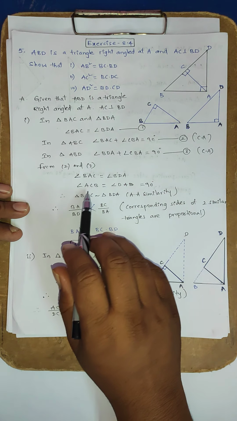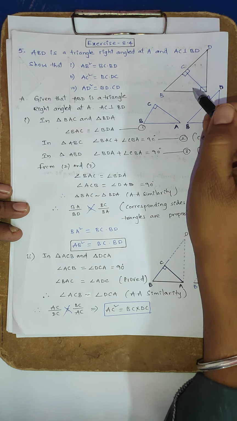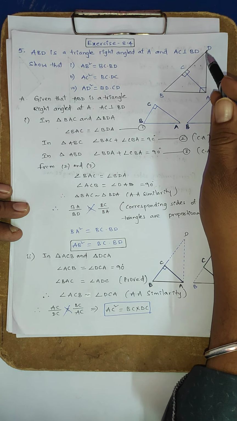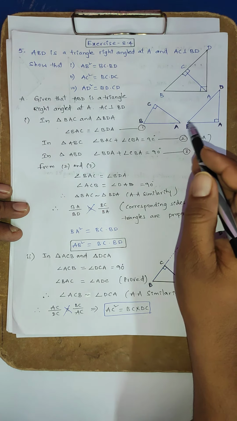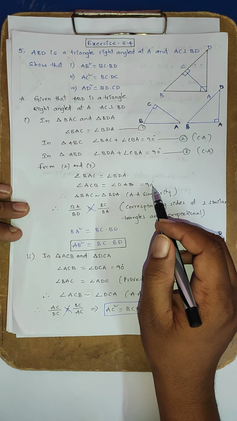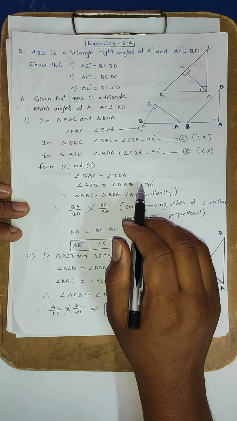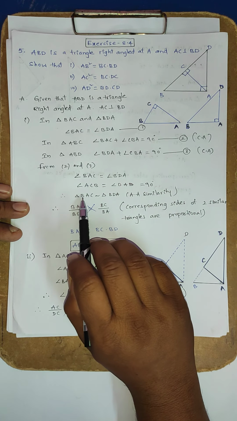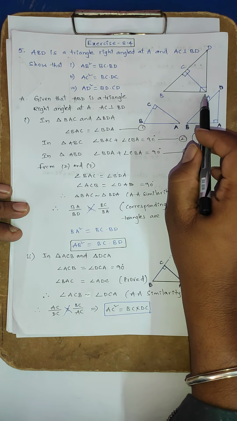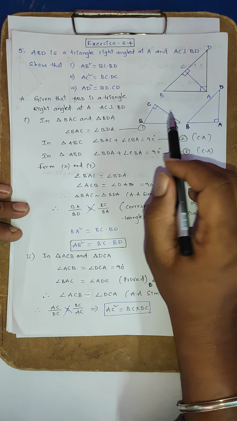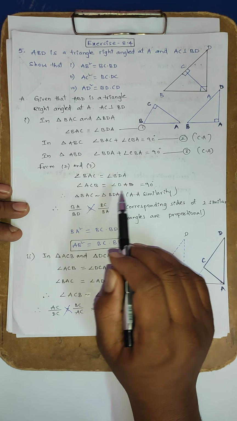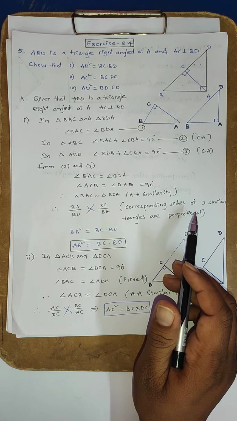Then angle ACB is 90 degrees, and in the big triangle DAB, angle A is 90 degrees. Two angles are equal, so automatically the third angle is also equal. So the small triangle BAC and the big triangle BDA are similar to each other.